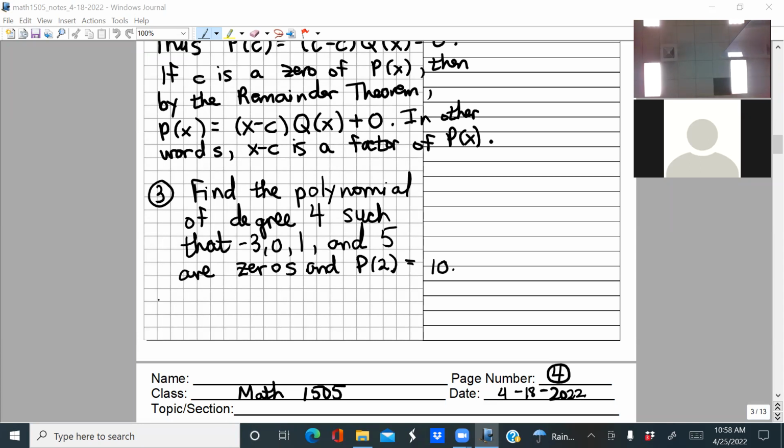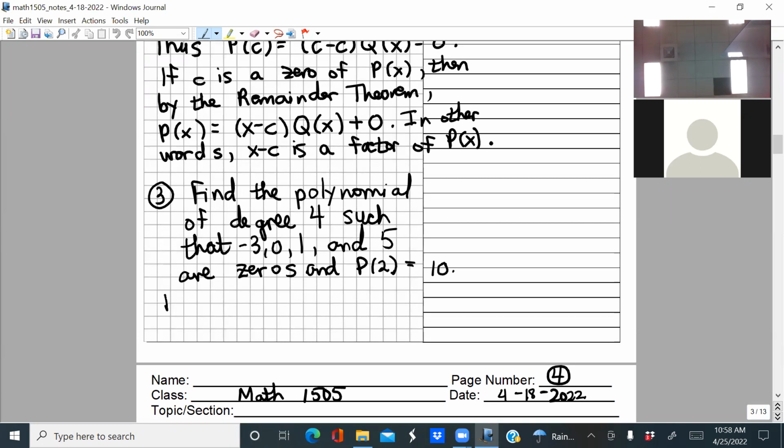All right. So we know the polynomial is going to look a little bit like what? It's got to have 4 factors, because it's going to be 4th degree. And we were already told what those factors have to be. So we have x plus 3, that's easy.